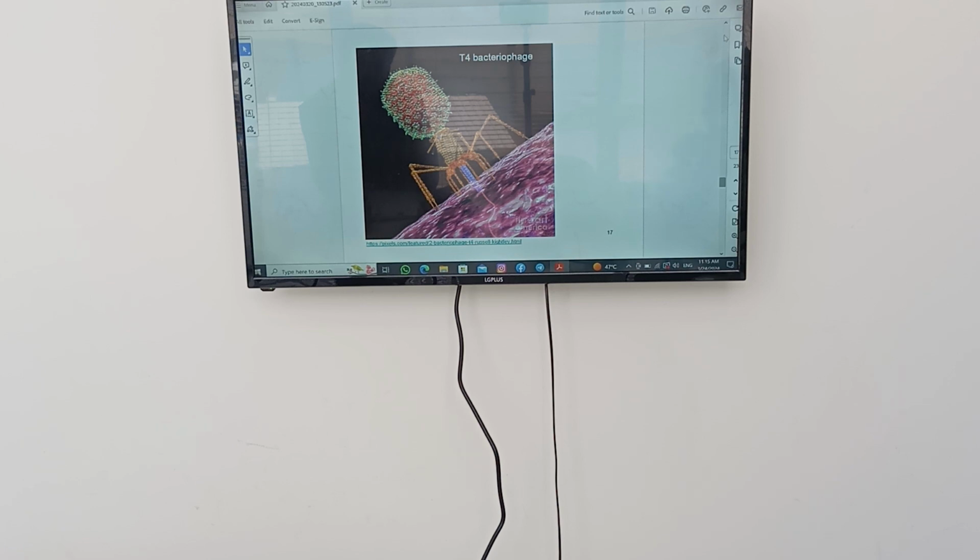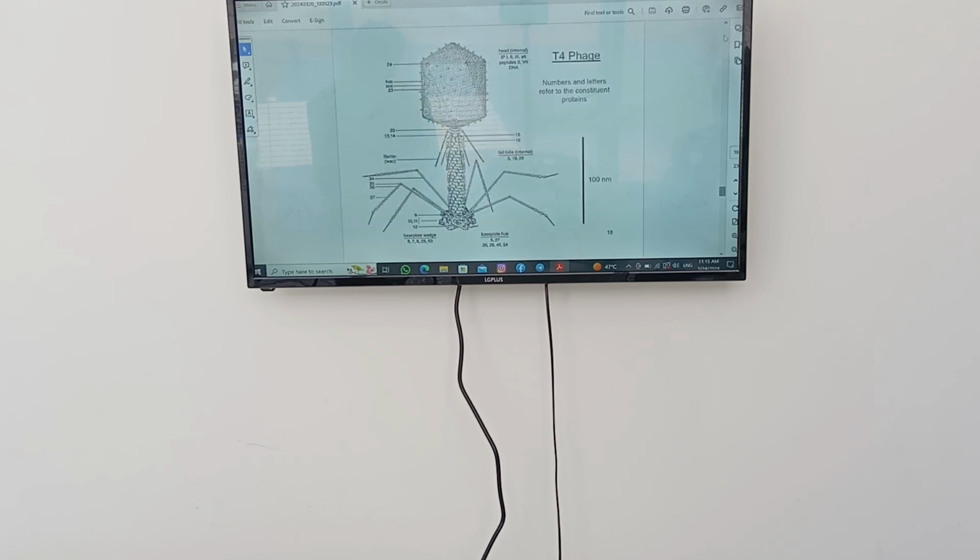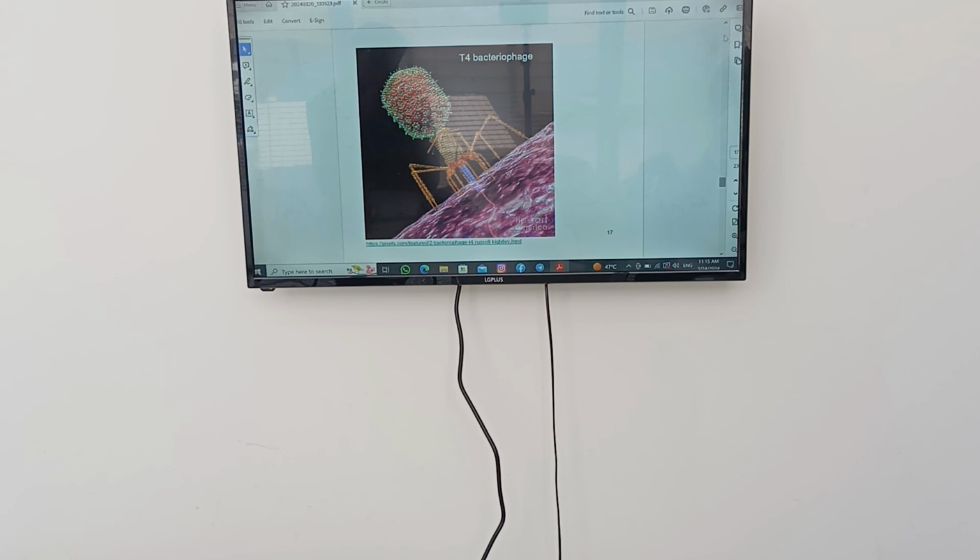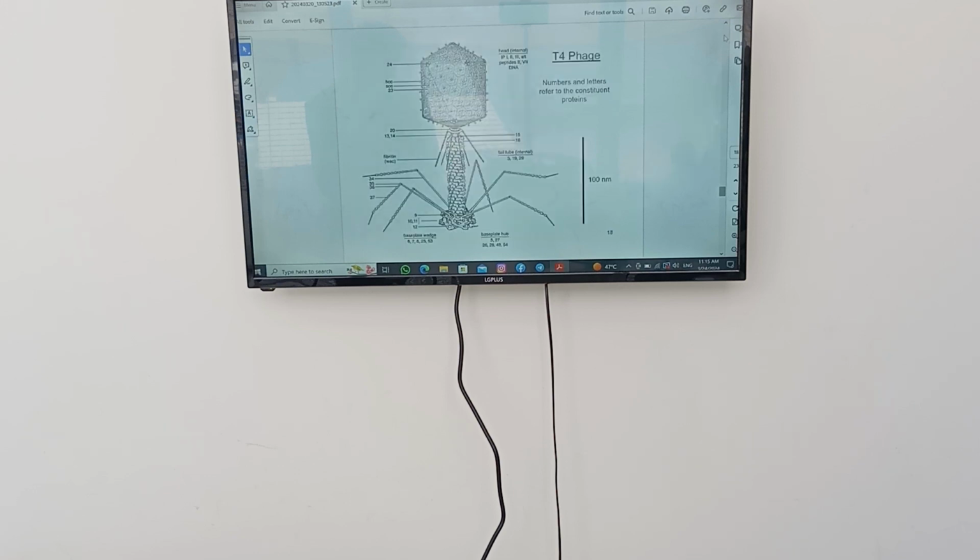We're going to go back to the equations at the end. You have here the T4 bacteriophage. Okay? This was seen, of course, in an electron microscope. These are the parts of the T4 phage or the T4 bacterial phage, and each of these measurements, the numbers and letters refer to the constituent protein. Okay, it means how much protein each part has. You can see the parts, like we call this part the head.